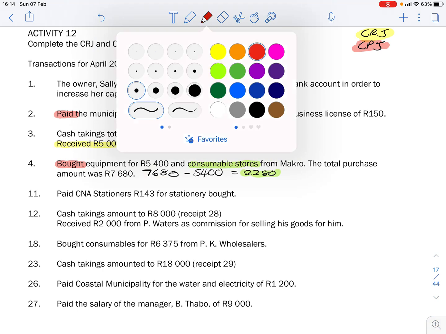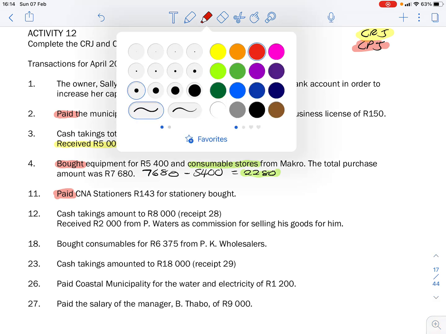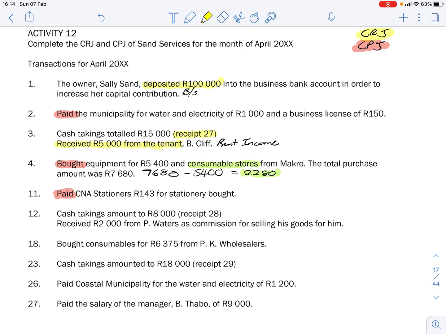Okay. We then move on to the transaction on the 11th, where we pay CNA stationers for stationery bought. On the 12th, our cash takings amounted to 8,000 Rand, so we have receipt number 28 in the CRJ.